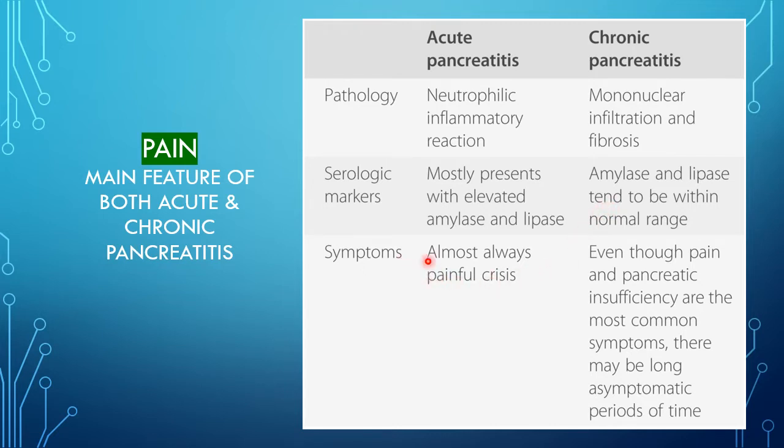As for the symptoms, in acute pancreatitis, almost always an acute painful crisis. Whereas in chronic pancreatitis, even though pain and pancreatic insufficiency are the most common symptoms, there may be long periods of asymptomatic remission in many patients.